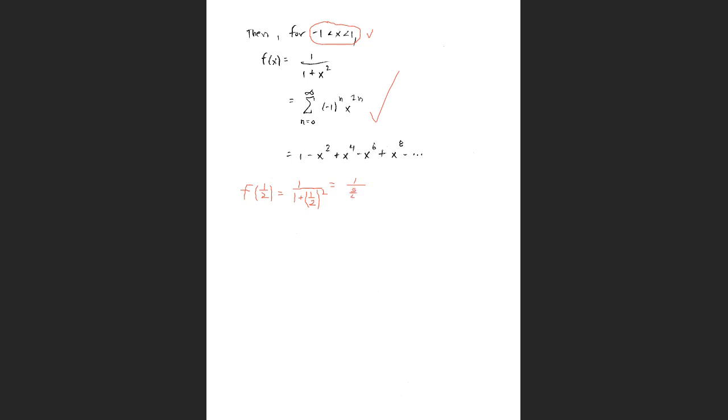So a half squared is a fourth. 1 plus a fourth is 5/4. And that'll get you 4/5. Okay, so our function f evaluated at x equals a half is equal to 4/5.